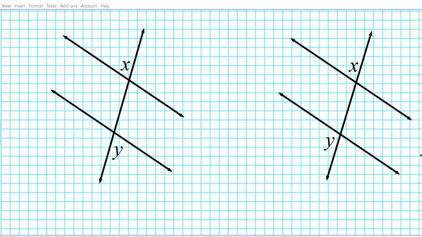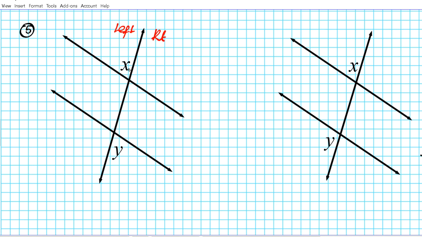Okay, let's take a look at number 5. What you notice is that they're not at the same relative position, so they're not corresponding. But let's see what's going on here. This is our transversal, and we have the left side and the right side. These can be considered alternate or opposite sides.